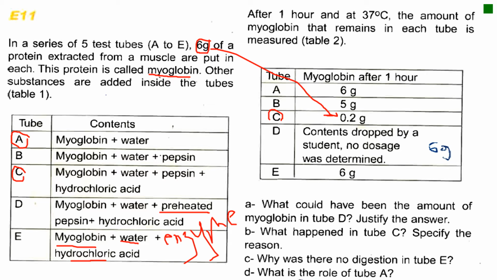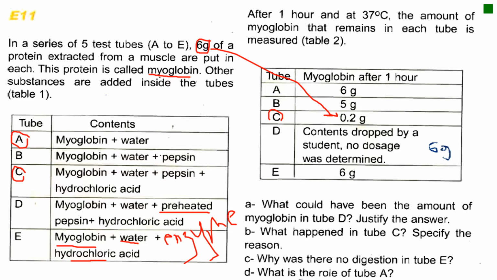So we need an enzyme, we need the substrate, we need the acidic medium for digestion to occur. After 1 hour and at 37 degrees, so 1 hour and 37 degrees are the constant conditions that are applied to all the test tubes.